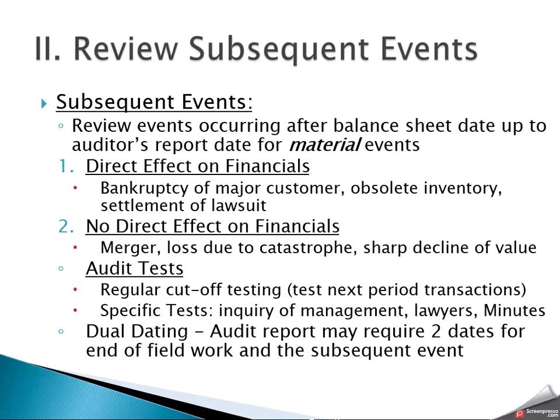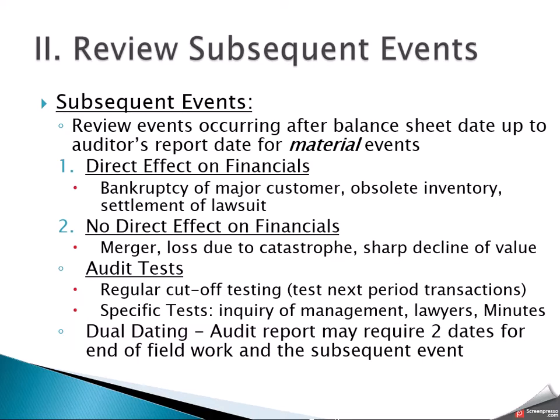They're going to look for more material events. Like, say there's a bankruptcy of a major customer, or maybe something happened, especially if it's a computer or cell phone type company where you could have an obsolescence of a ton of your inventory if things change. And again, like I already talked about, if there was a settlement of a lawsuit, there could be things that maybe don't have a direct impact on the financial statements, but still need to be reviewed.